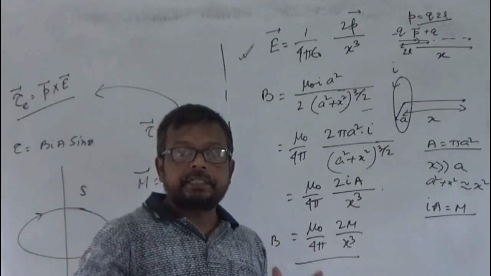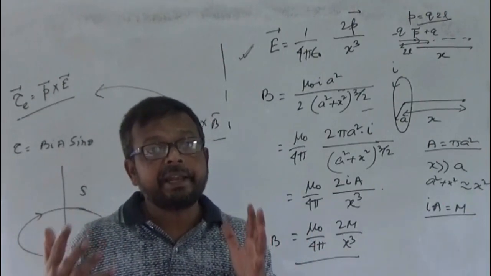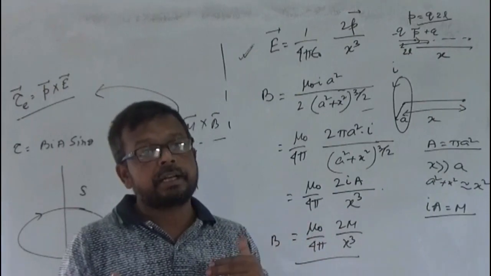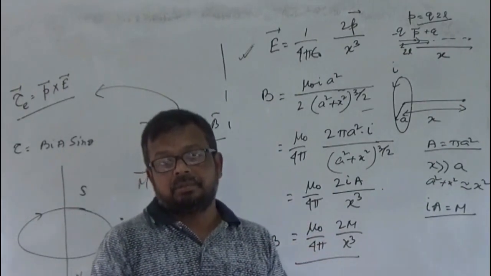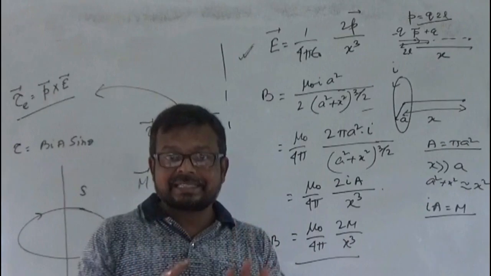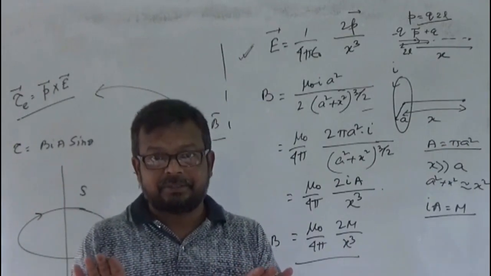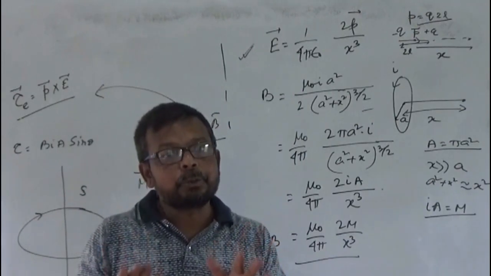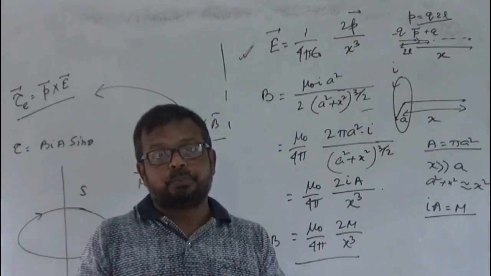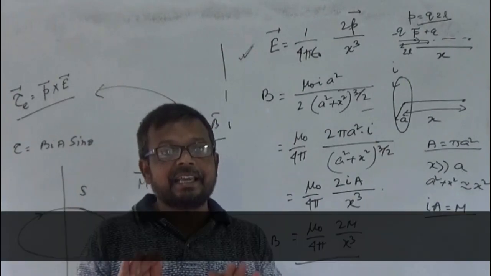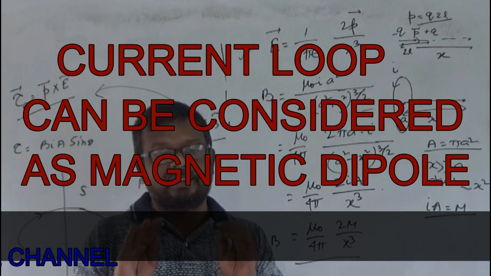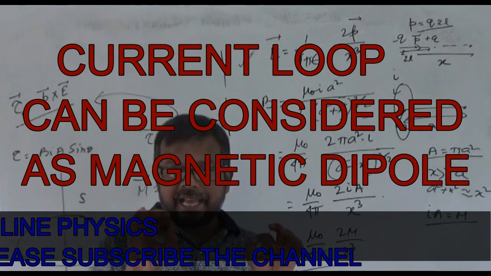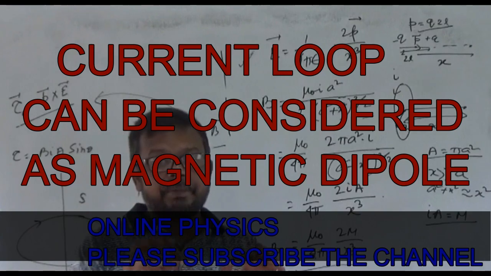So a loop is a magnet of two poles. Though as such there is no magnet, I have a current carrying loop, and that loop behaves like a magnetic needle or magnetic dipole, just as north pole and south pole separated by a small distance.